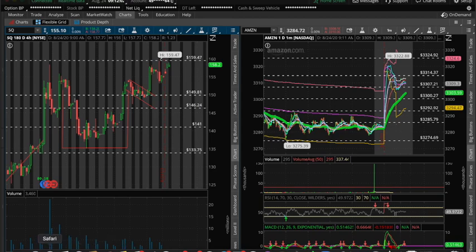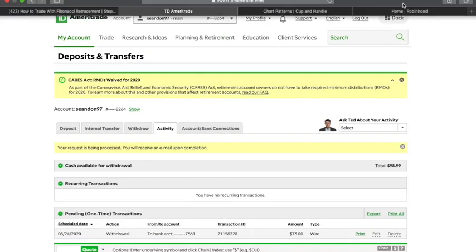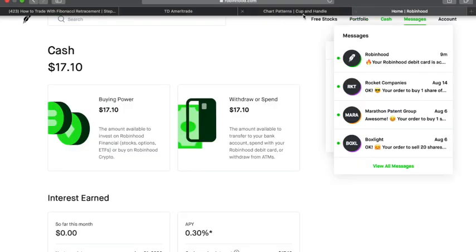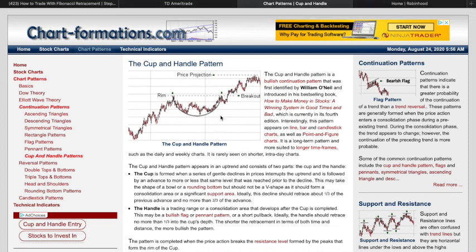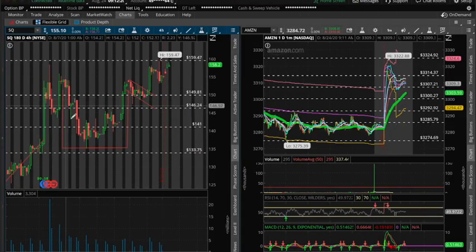Let me pull up an example for you all. All right, right here. So cup and handle. Cup, handle, get in on the breakout right here, right? You could have waited till here, as the website says.